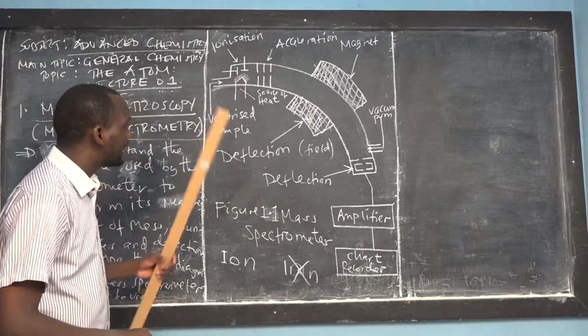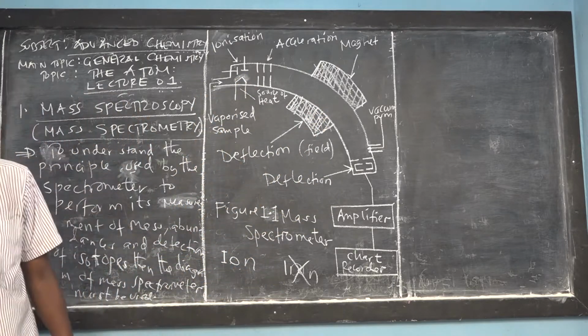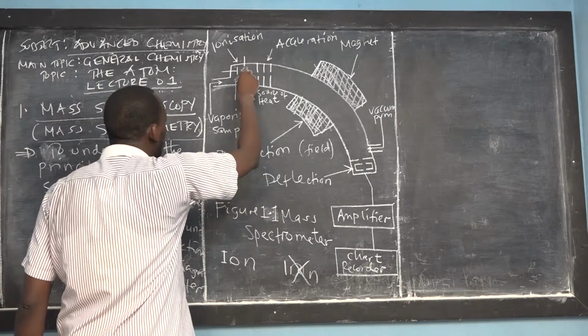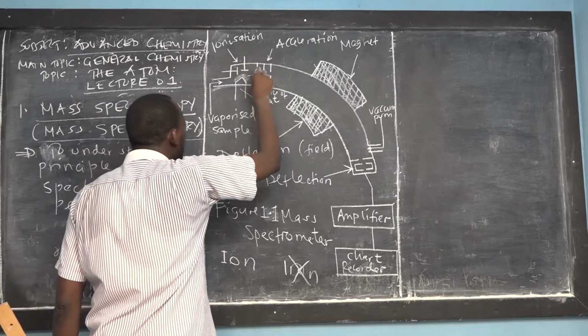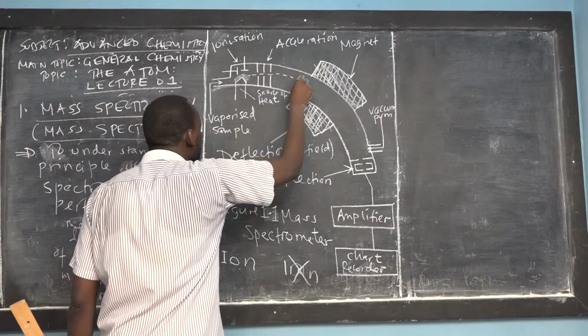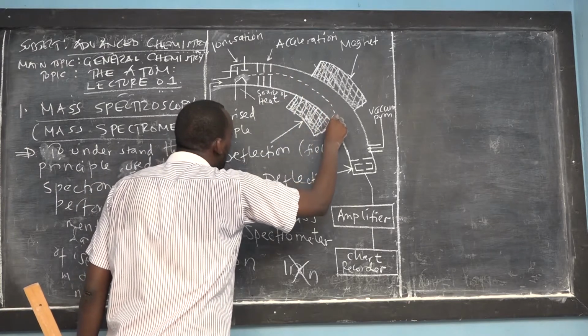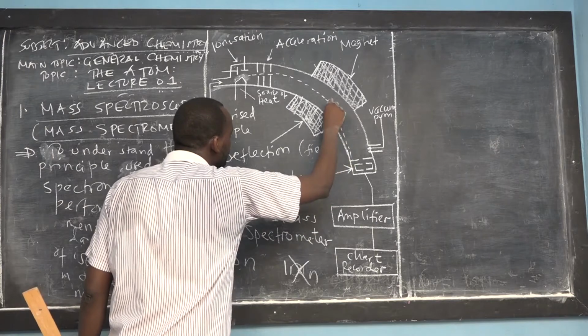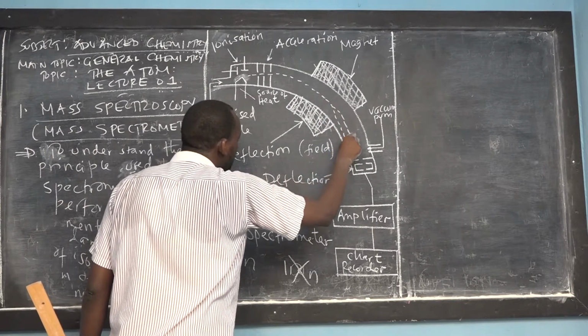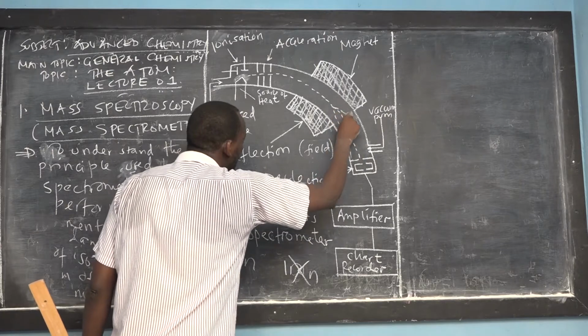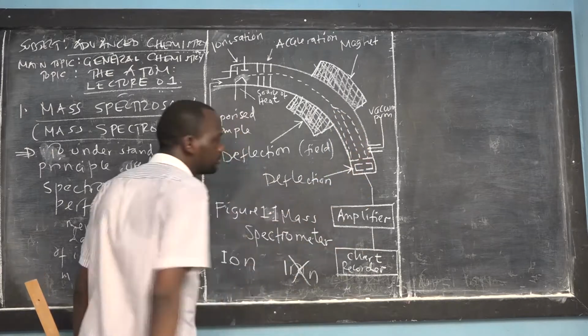Remember that at this point the sample has been vaporized. These dotted lines are the trajectory of the vaporized atom, and at this point we see the isotopes of the atom.